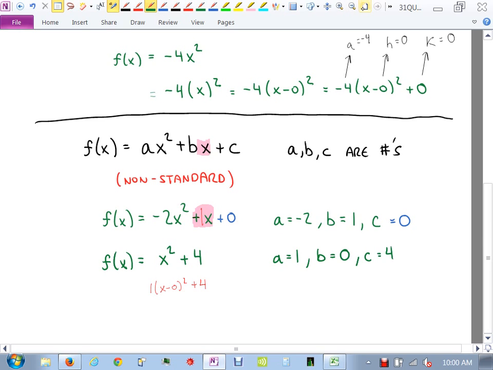One last example here. How about this one? Is that a quadratic function in standard or non-standard form? What do you think? Non-standard? Standard? Any other ideas? Both?